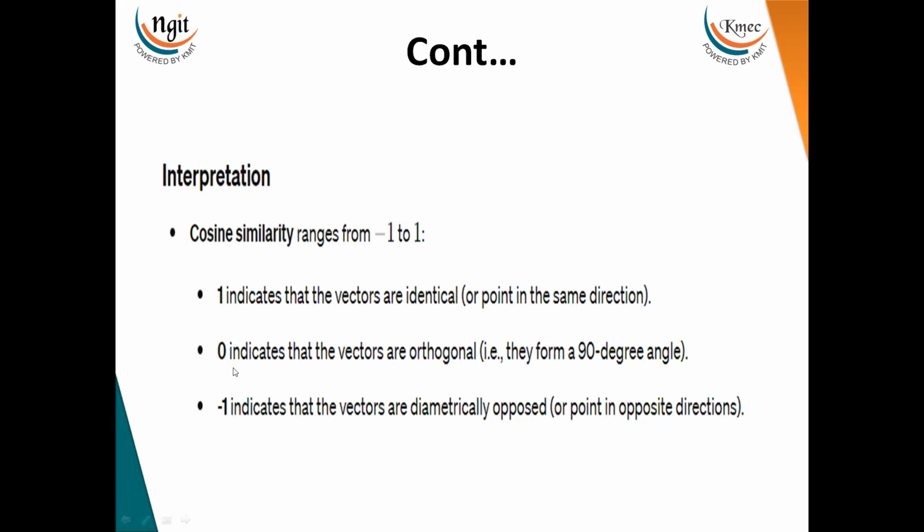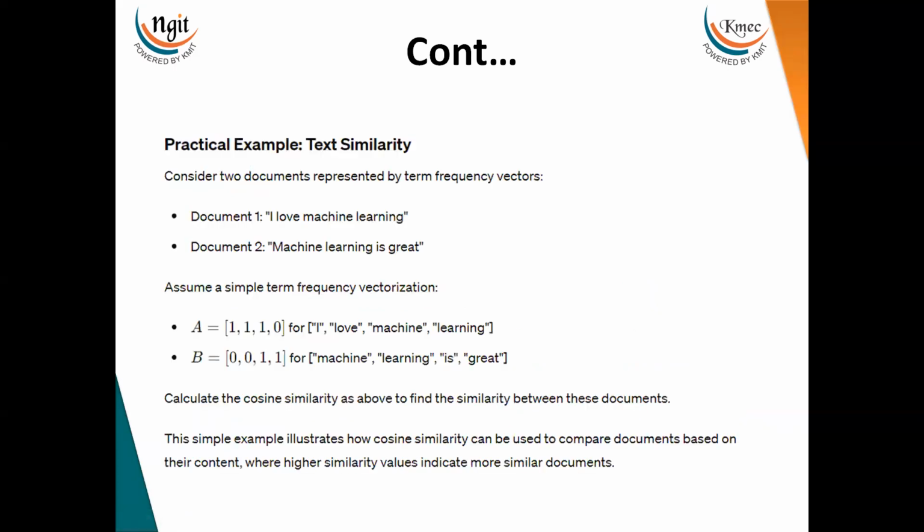If the value is 0, it means the vectors are orthogonal, meaning they form a 90-degree angle with each other. And if the cosine similarity measure is -1, it represents that they are diametrically opposite to each other; both points are in opposite directions. Our result is 0.97 in this example, so we can say that both the data points are in the same direction. So this is all about cosine similarity.